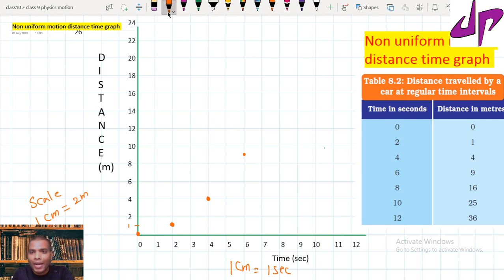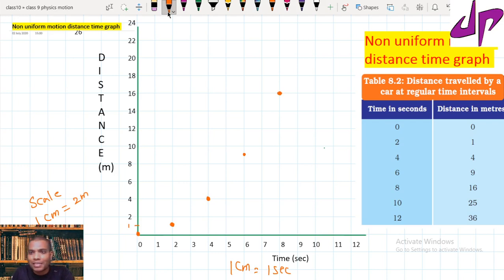When the time is 8 seconds, the distance covered is 16 meters. 8 is here and 16 is here. So make the intersection point clearly.